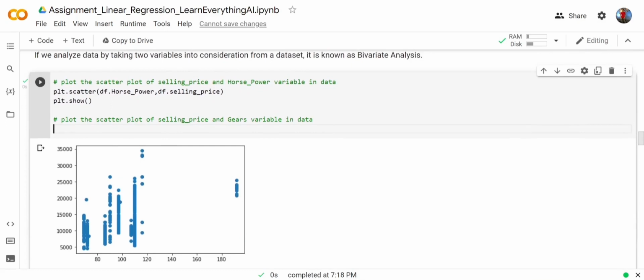Now also let us plot the scatter plot of the selling price and the gears variable in our data.